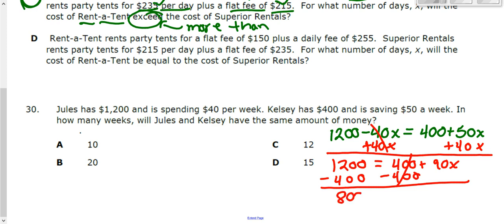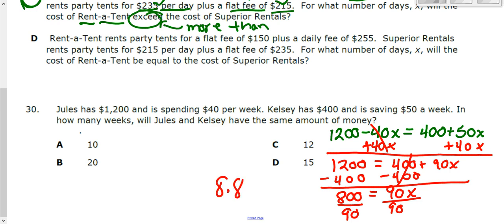And I'll be left with 800 equals 90x. Okay, so now I'm going to divide by 90. You might want to go to your calculator for this, but if I do 800 divided by 90, it looks like I'm getting 8.8.